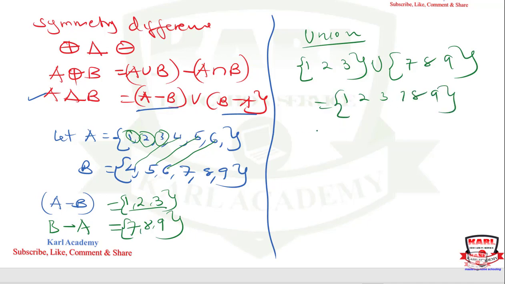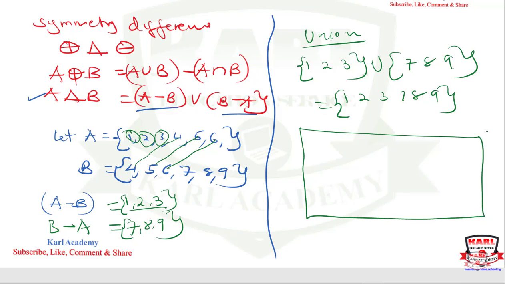Let's show it in a Venn diagram. Let's say this is A and this is B. Let me change the color so that I can differentiate the elements.